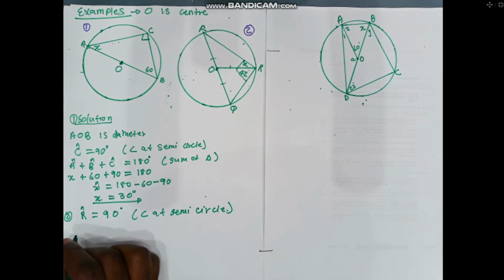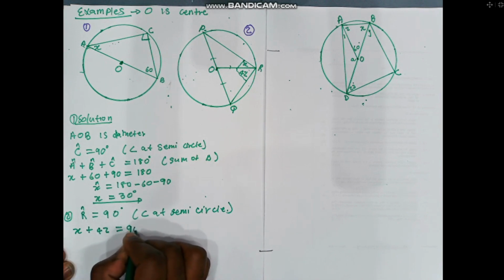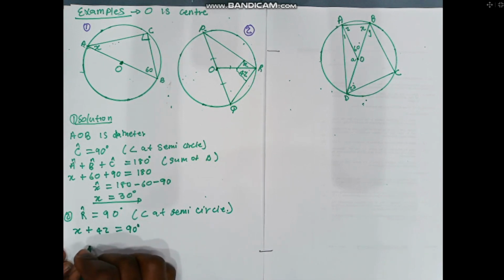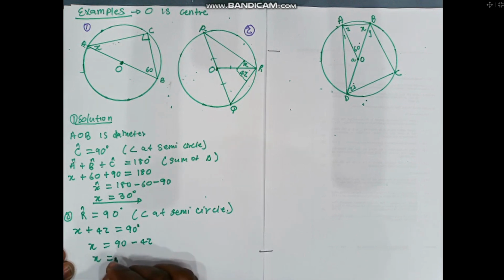But now we have x plus 42 is equal to 90 degrees, and then x is equal to 90 minus 42 on the other side, so x will be 48. This is how we find our x.